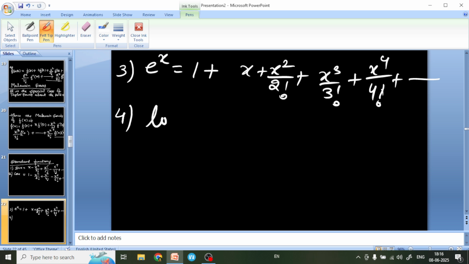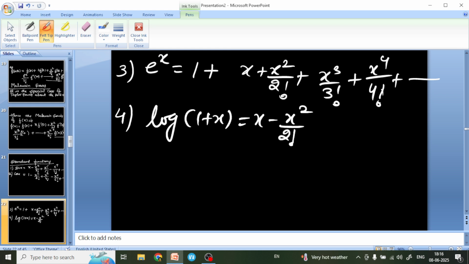And fourth is log 1 plus x, that should be equal to x minus x square over 2 plus x raised to power 3 over 3 minus x raised to power 4 over 4 and so on, where modulus of x is less than 1.